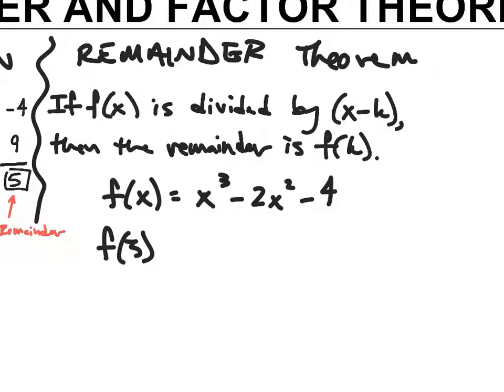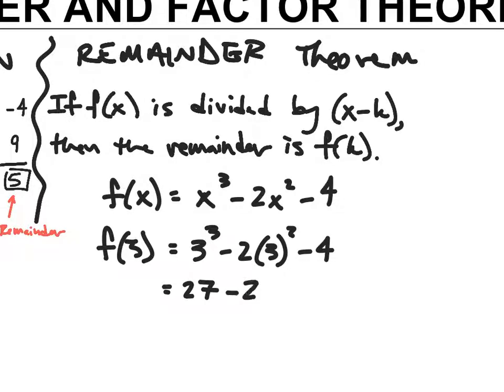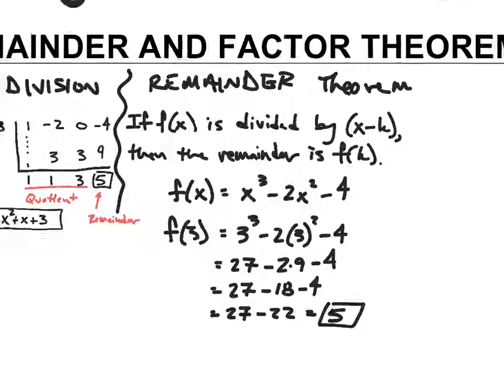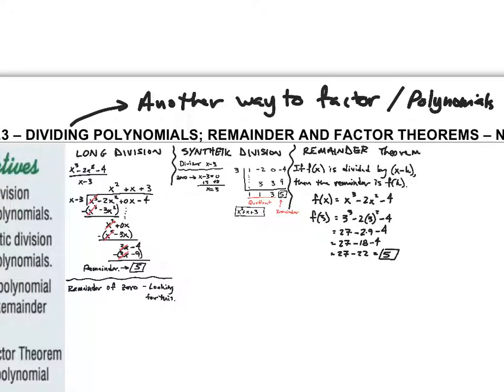So check this out. 3 cubed minus 2 times 3 squared minus 4. 3 cubed gives me 27, minus 2 times 9, minus 4. So 27 minus 18 minus 4 gives me 27 minus 22, which gives me a value of 5.